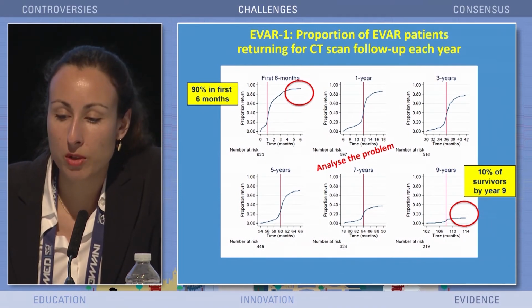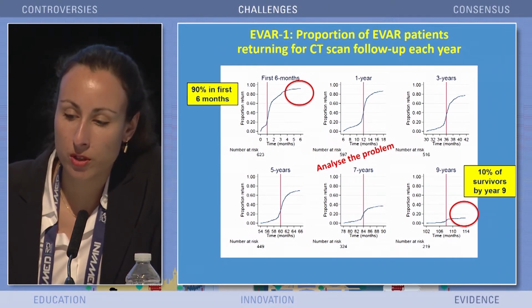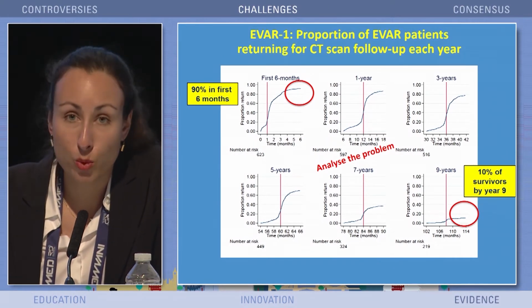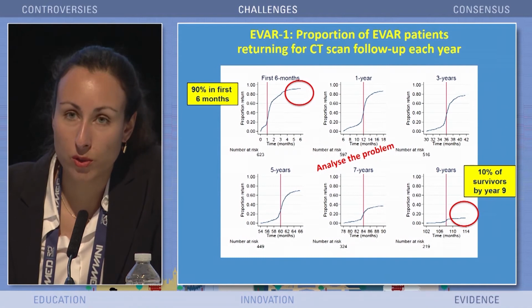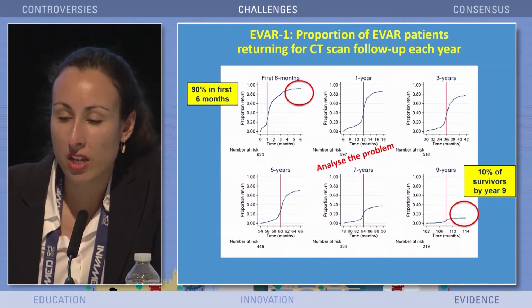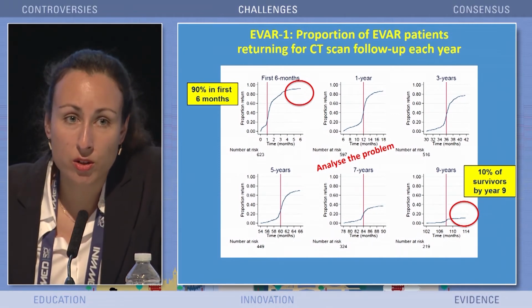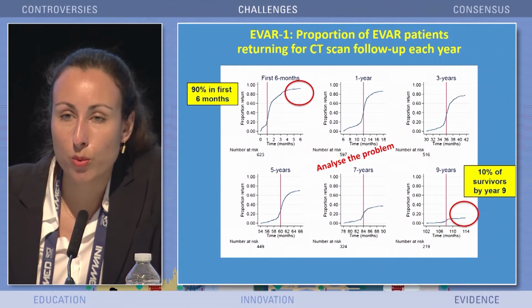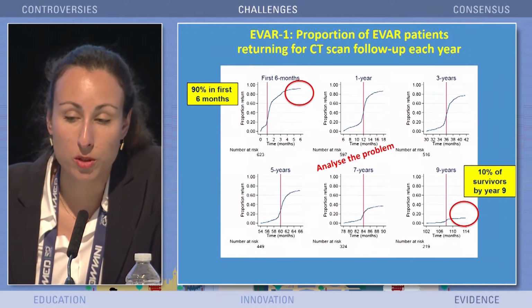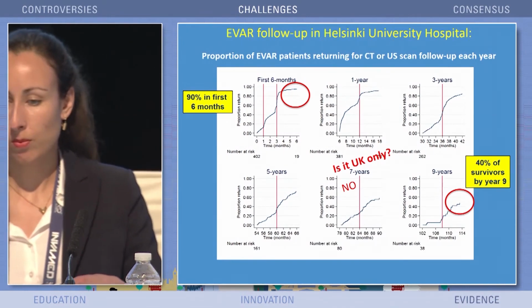In the first 6 months, 90% of observed patients were in the follow-up, but during 9 years, only 10% of survivors were adherent to the follow-up protocol. So we can see that the follow-up was suboptimal in the EVAR trials.